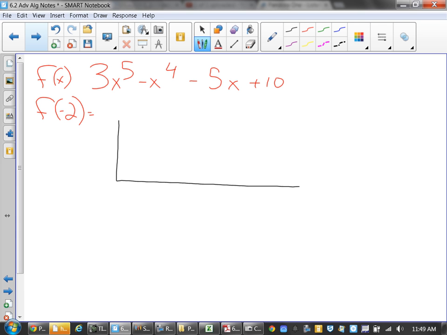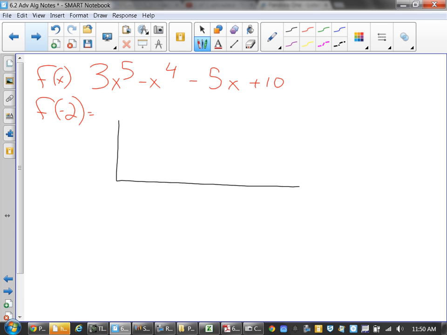Okay? What you do then is you're going to pluck out all of the coefficients of your polynomial. What you have to pay close attention to is, notice the polynomial is a 5th degree polynomial, and if I went through all of the descending order, I should have a total of 6 terms: 5th degree, 4th, 3rd, 2nd, regular, and a constant.